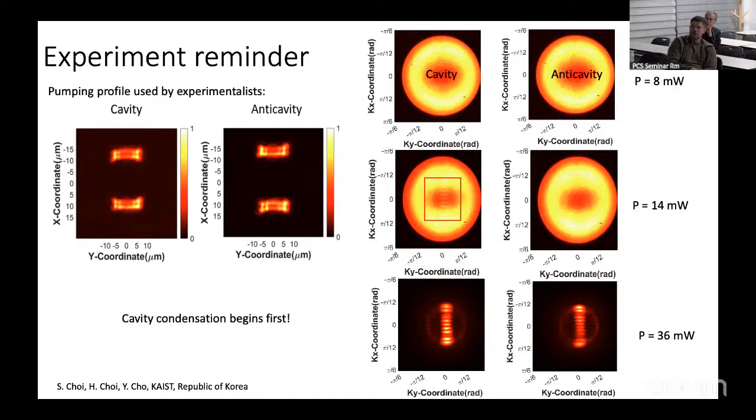And they claim they observe this effect above measurement precision. Yes, and possibly that is why in some very rare cases we have seen that the growth rate for the anti-cavity was higher than for the cavity.